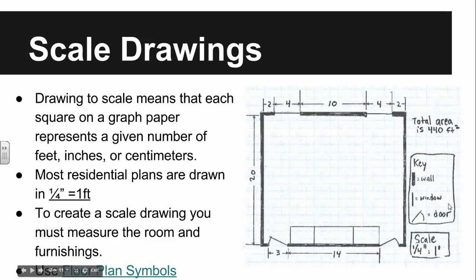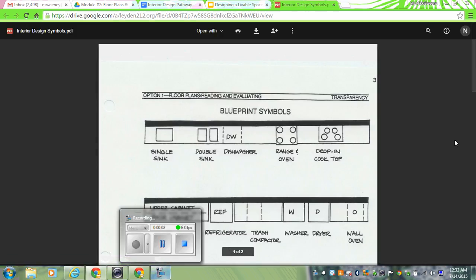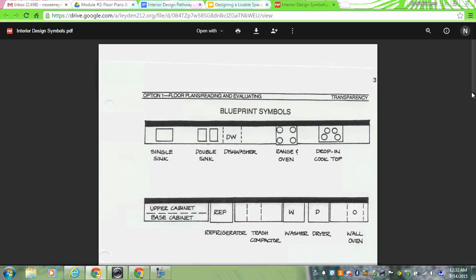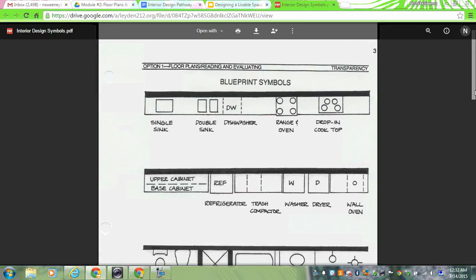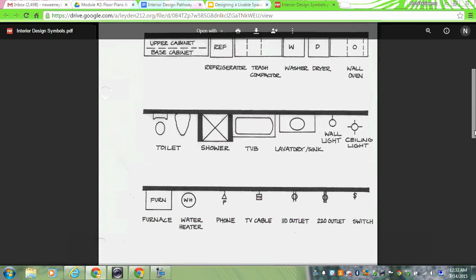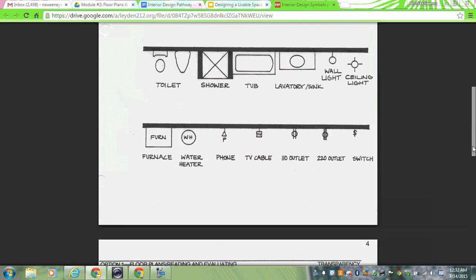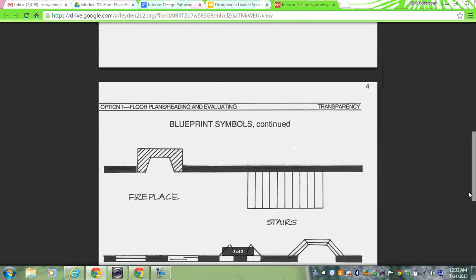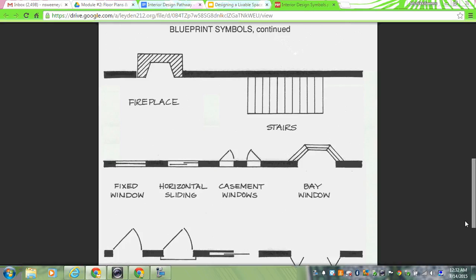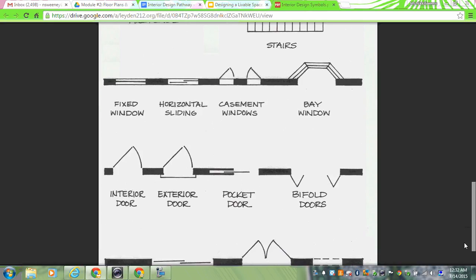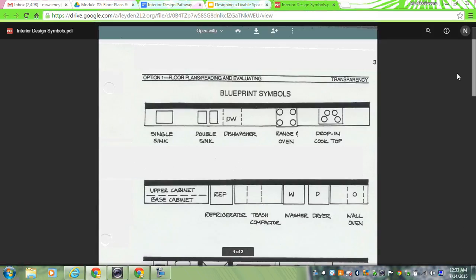There are also different symbols, and right here you can see some of them. If you were drawing a kitchen, you can see what a sink looks like, a shower for a bathroom, cable TV, fireplace, stairs, exterior doors, interior doors, windows, etc.